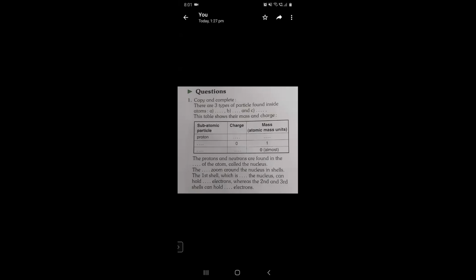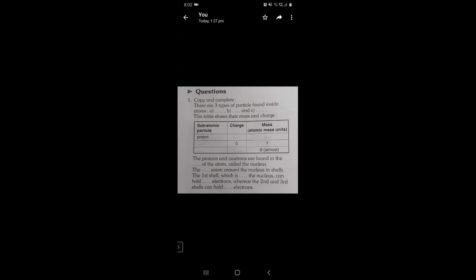Yes, ma'am. First, we have to explain how many types of particles there are in an atom. There are 3 types of particles in an atom. Number one, protons. Number 2, neutrons. And number 3, electrons. Very good. And where do we find the neutrons and the protons? In which part of the atom?